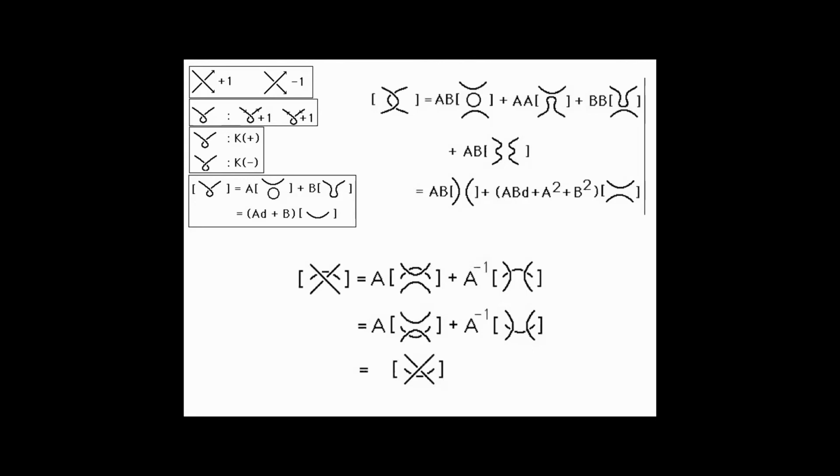I see I made a mistake in drawing my slide. The crossing at the bottom got switched accidentally. It is, as you see, correct that it gives me the other switch of that crossing when you put it back together. And so you get the third Reidemeister move. Sorry for the misprint on that slide.